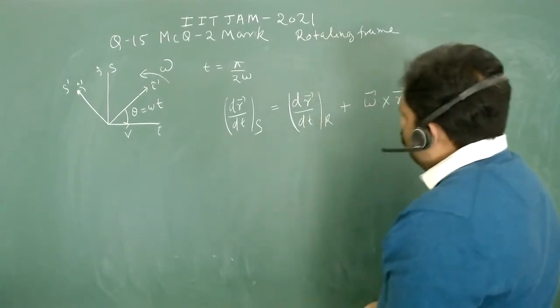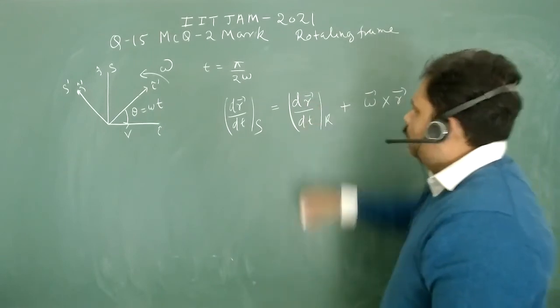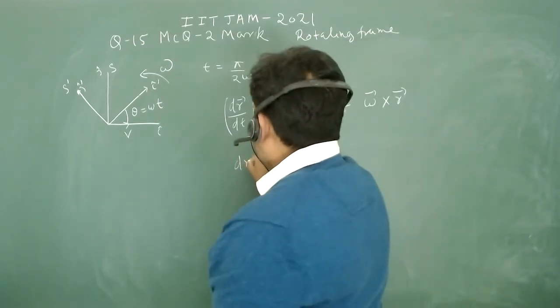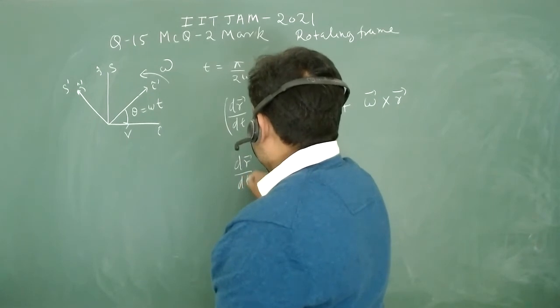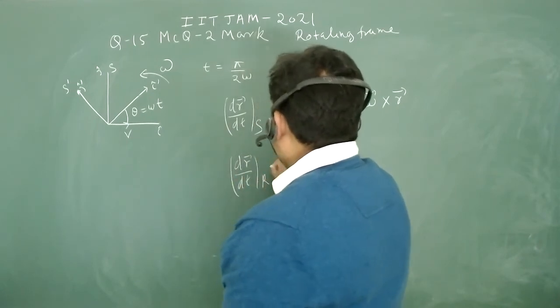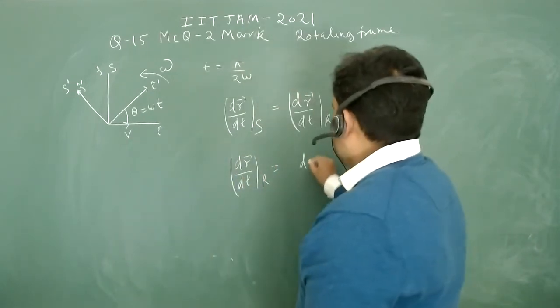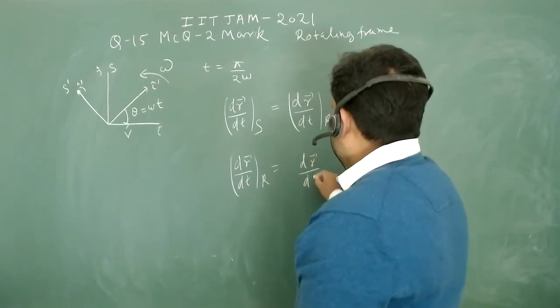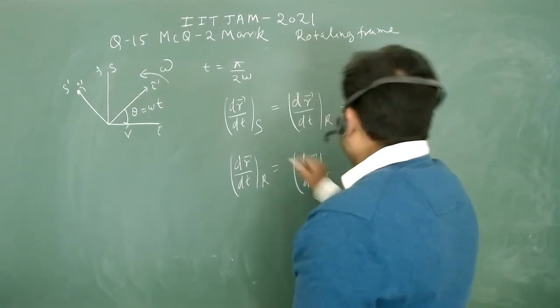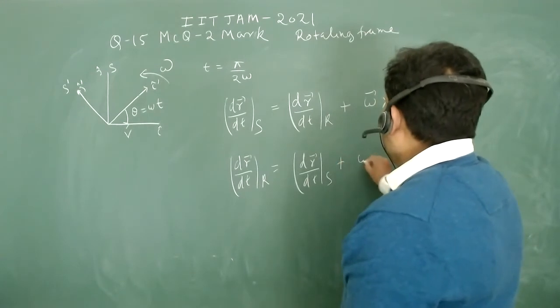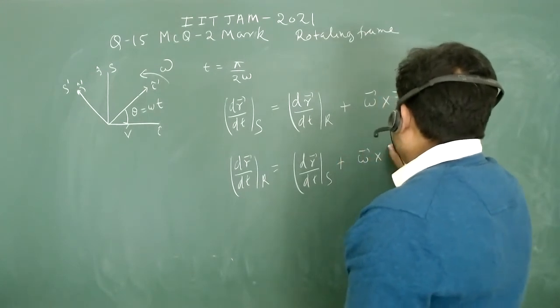And now we have to calculate this particular thing. So dr/dt in the rotating frame is equal to dr/dt in the S frame plus omega cross r.